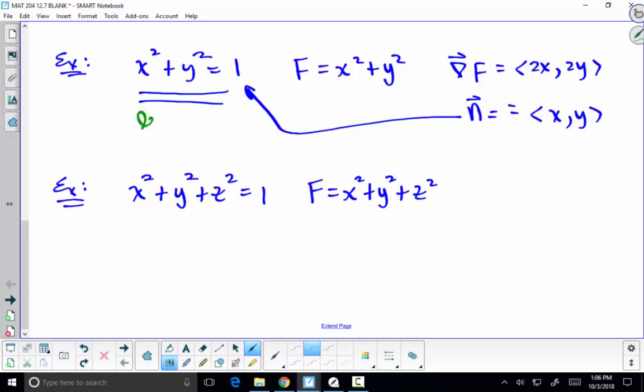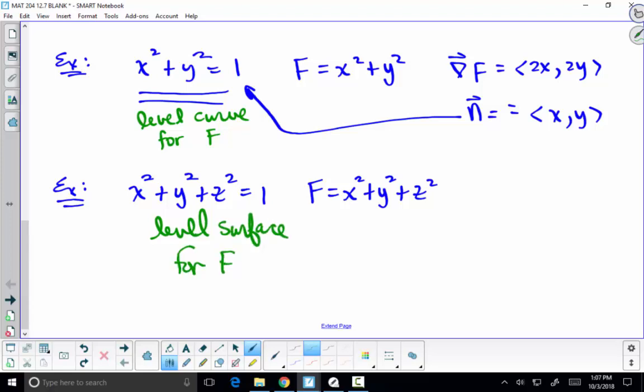If we were to plug in constant values for capital F, we would get level surfaces. So up here we have a level curve for cap F. Here we have a level surface. Level surface for cap F. That makes sense? So gradients are always orthogonal to level objects.